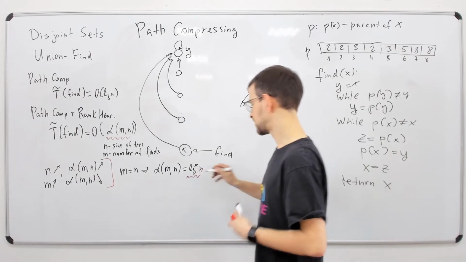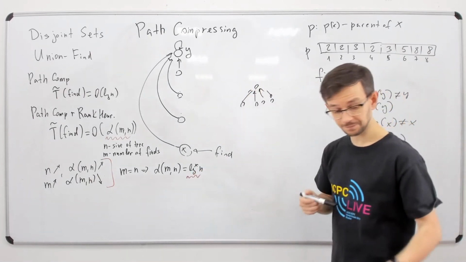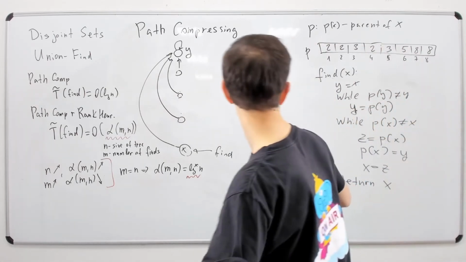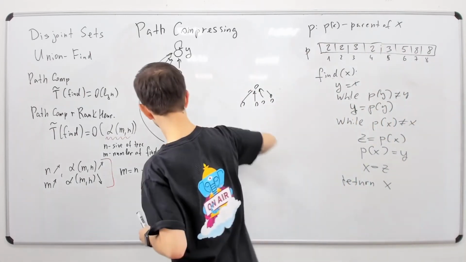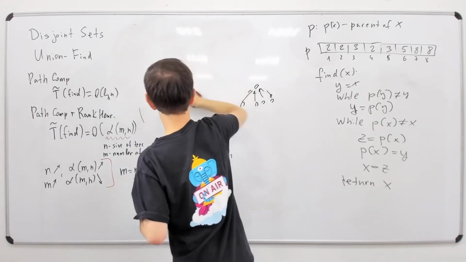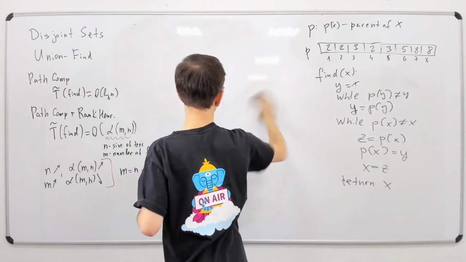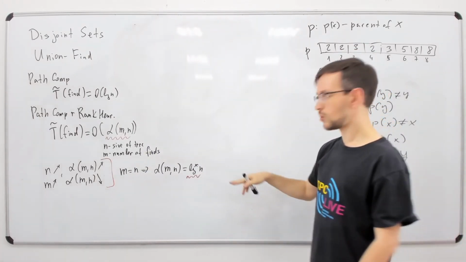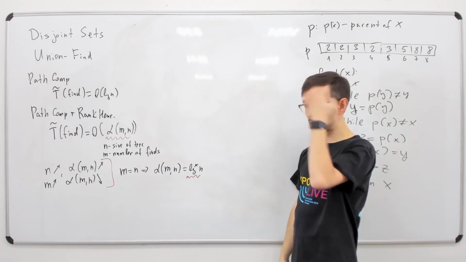And we will prove this upper bound. What is the iterated logarithm? The iterated logarithm is a very simple function actually.